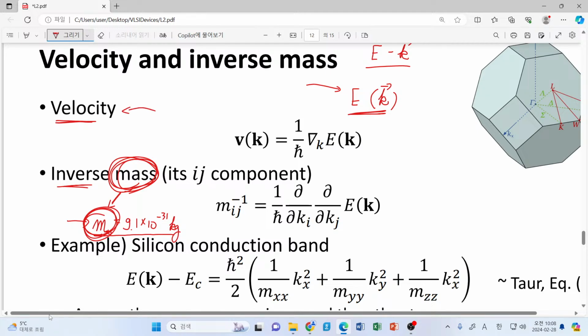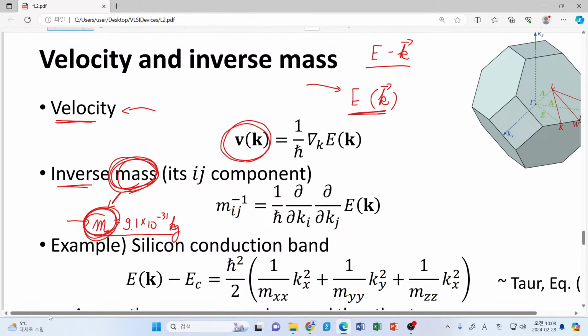In the case of velocity, we can calculate it by the operation of the partial derivative of our energy. Although I have written it in that way, it is quite simple.